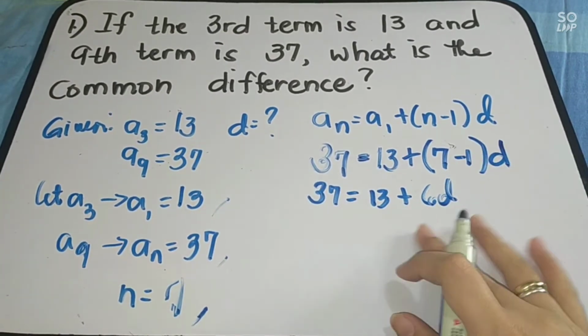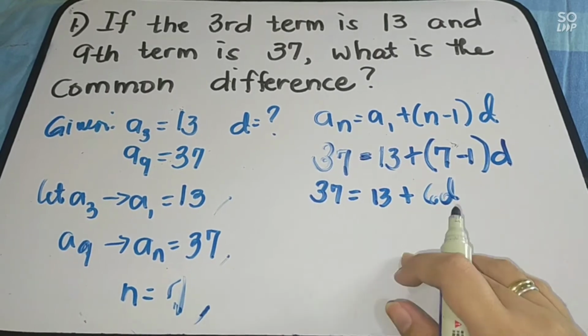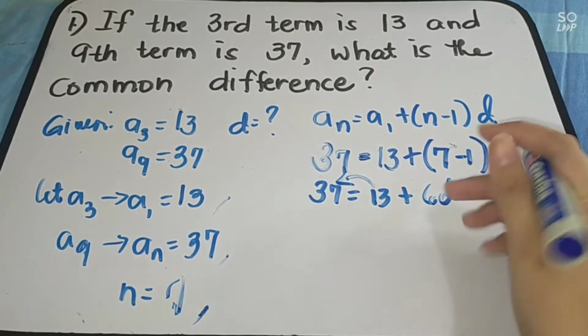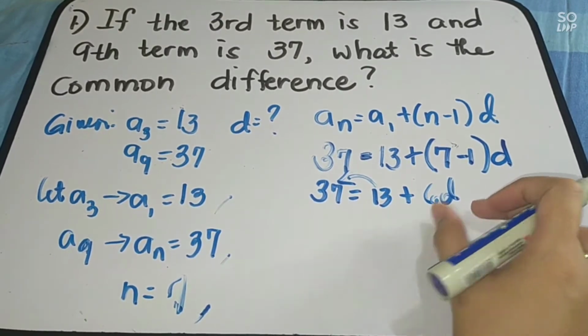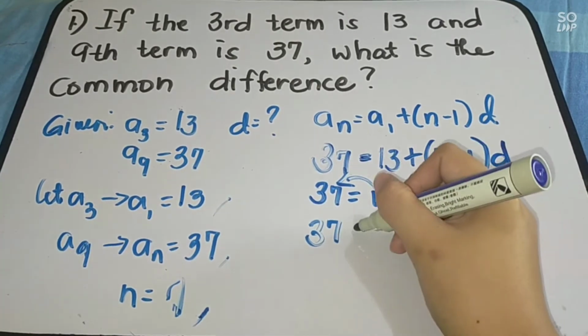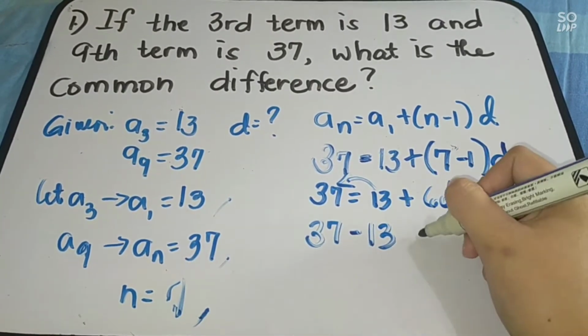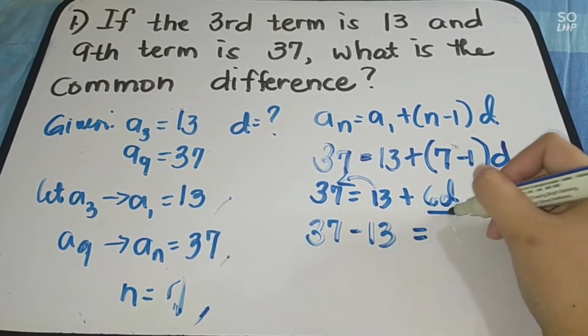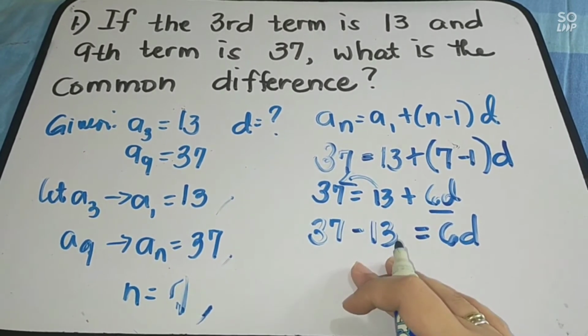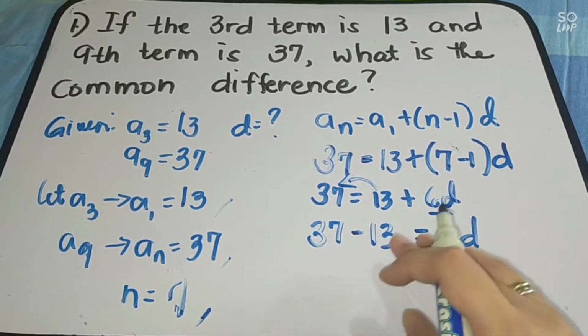Huwag mo nang paghiwalayin. Pagsamahin mo na siya. Afterwards, transposition tayo. Transpose mo lang yung 13 to the left side para matira na lang dito ay yung may d. So, it becomes 37. If you transpose, change the sign, it becomes minus 13. It is equal to, ang natira, we have here 6d. Afterwards, subtract mo lang. So, 37 minus 13.